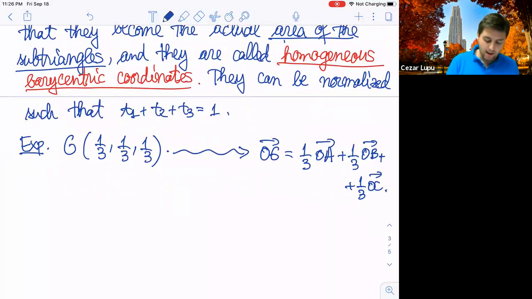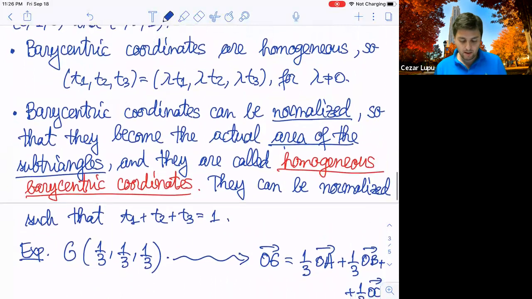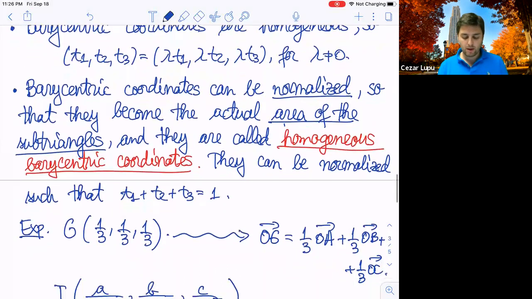For example, I will have the barycentric coordinates A over A plus B plus C, B over A plus B plus C, and C over A plus B plus C. Anyway, these are already normalized here.